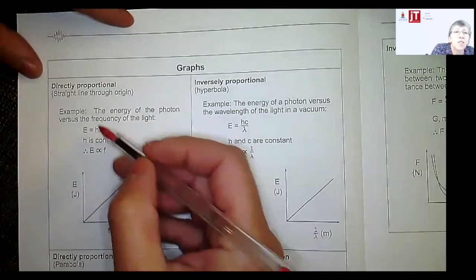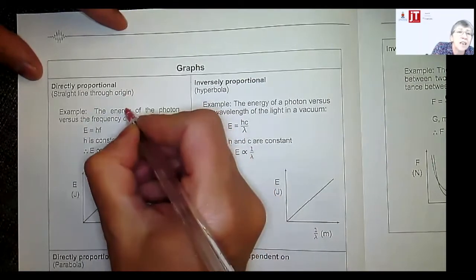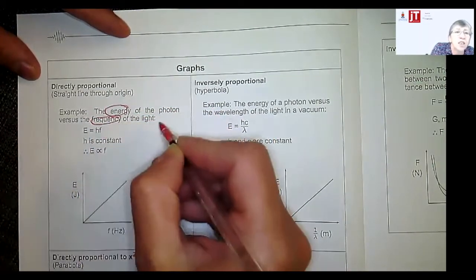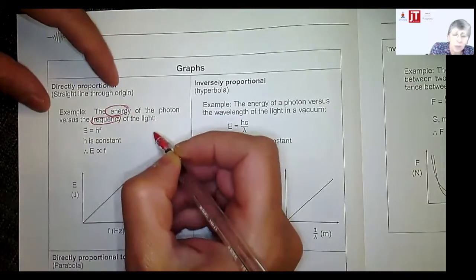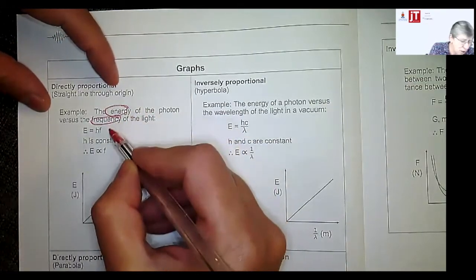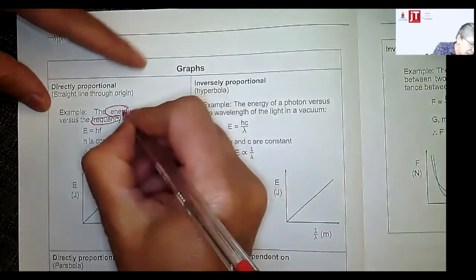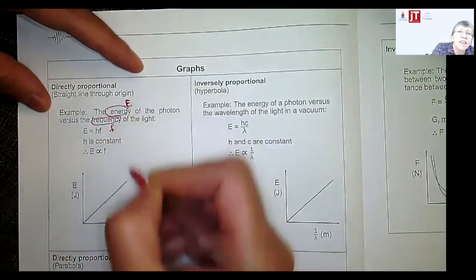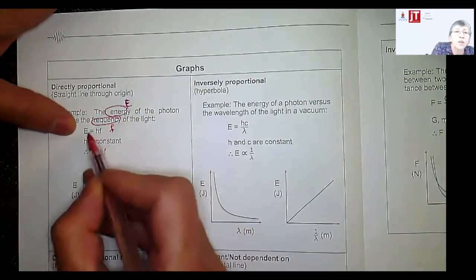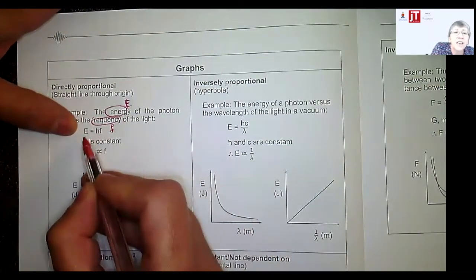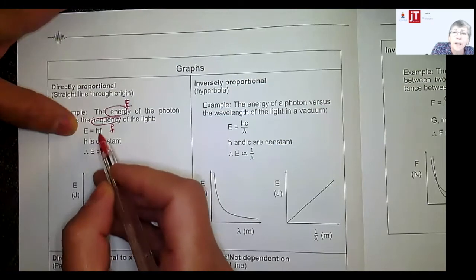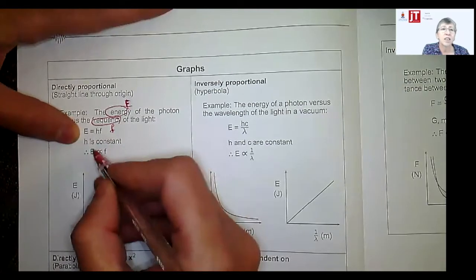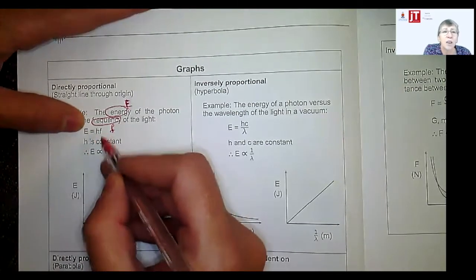Now, typically, if they ask you to draw a graph of the energy of a photon versus the frequency of the light, immediately, we're talking about E, we're talking about F, and I need an equation. So from your information sheet, you will find E equals hf, and h is Planck's constant. So you know that one is constant. So that tells you E is directly proportional to f.